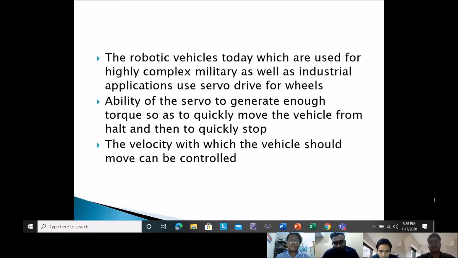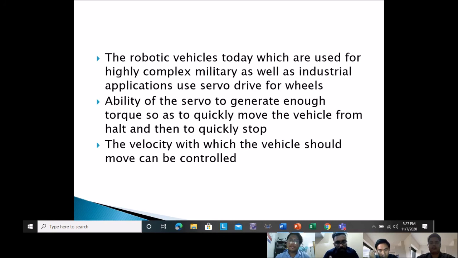Robotic vehicles nowadays, which are used for highly complex military as well as industrial applications, use a servo drive for the wheels. So this is also using the servo drive at the wheels to control the vehicle, stop the vehicle at one place, and then continue moving to another place.